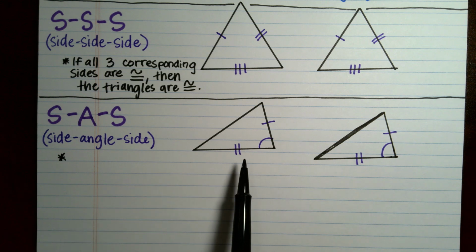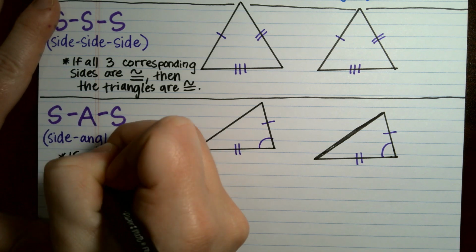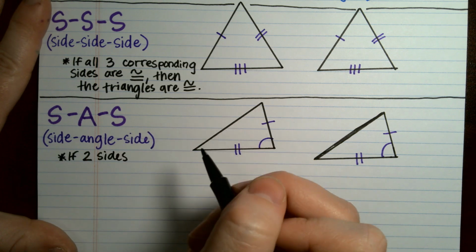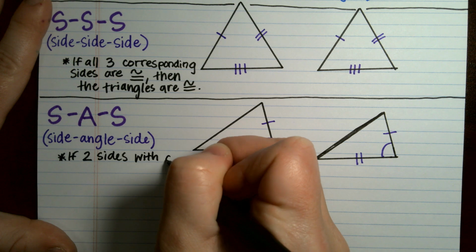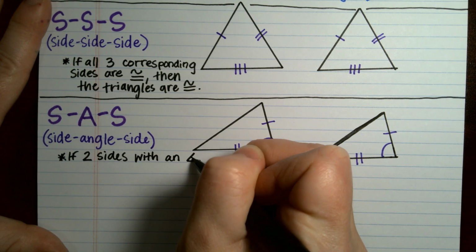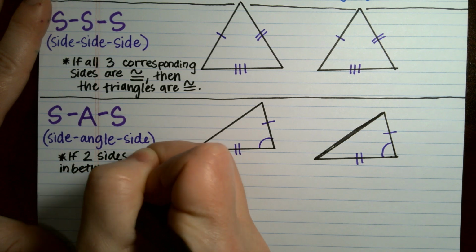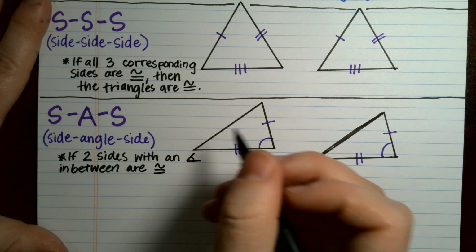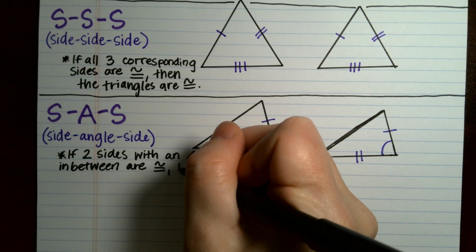I'm gonna say if two sides with an angle in between, two sides, angle in between, congruent, and the triangles are congruent.